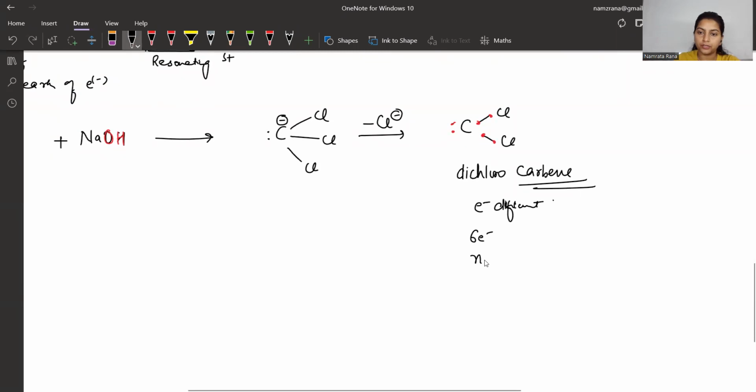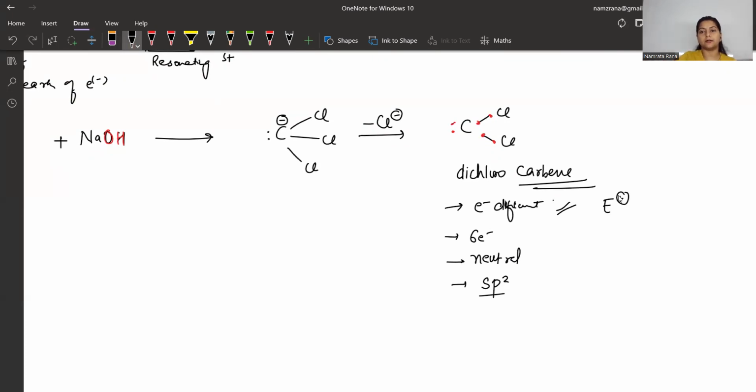Also, it is neutral and electron deficient. It has 6 electrons, and the carbon is sp2 hybridized in this case, right? So this carbene is acting like an electrophile.